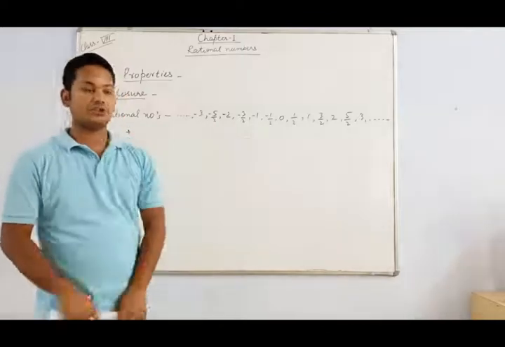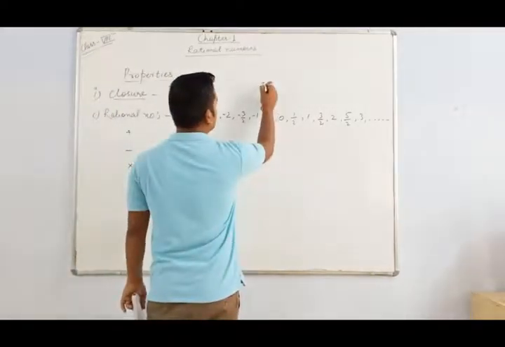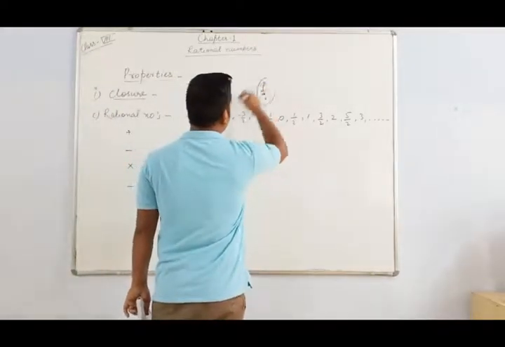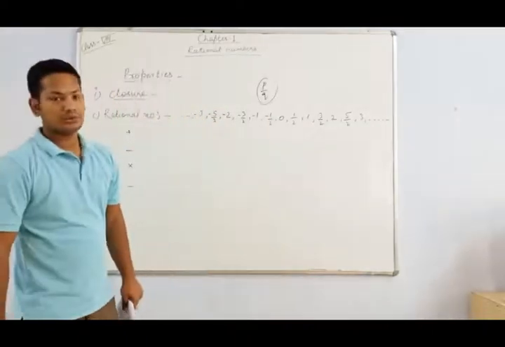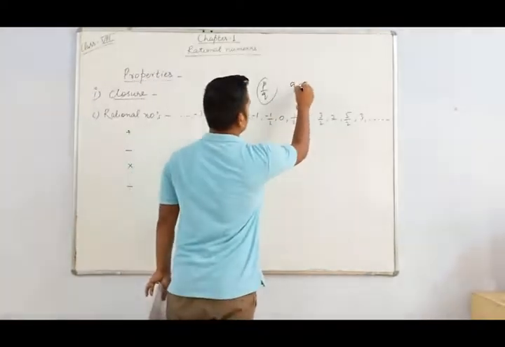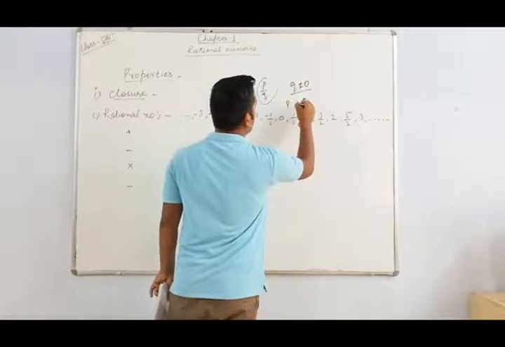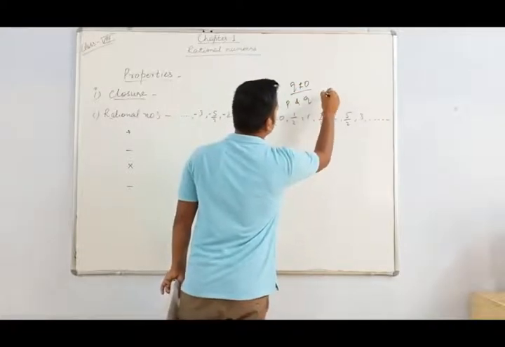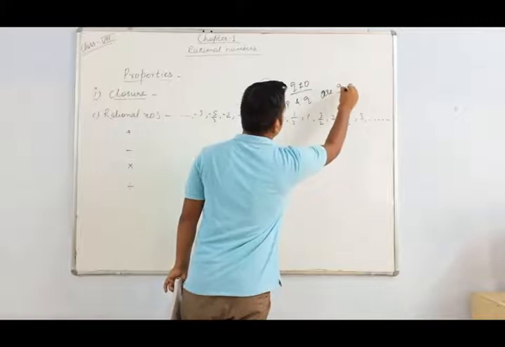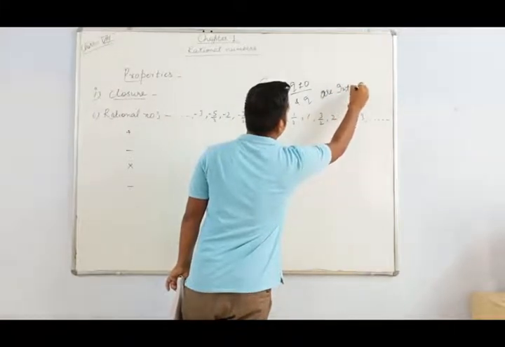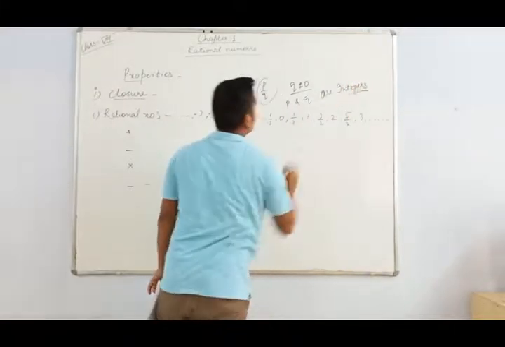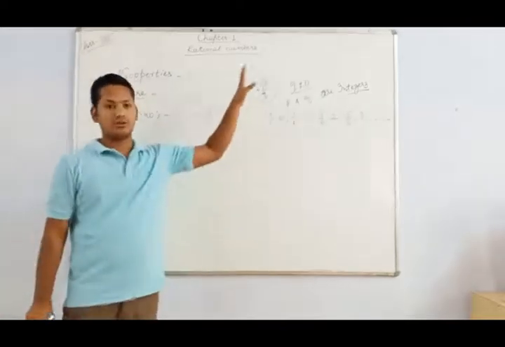The basic definition of a rational number is: the numbers which can be expressed in the form of P upon Q are called rational numbers. Here Q is not equal to 0 and both P and Q are integers.